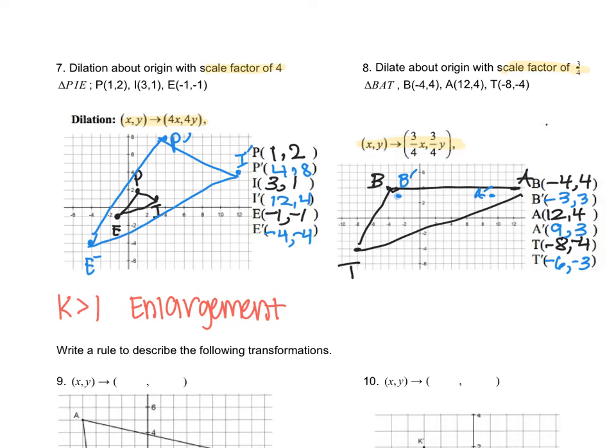And T prime at -6, -3. Connect our 3 points. So just a reminder, anytime your scale factor k is a fraction between 0 and 1, we have a reduction where our image gets smaller, which is again obvious here because our original triangle, which was black, became smaller to give us our new triangle in blue.